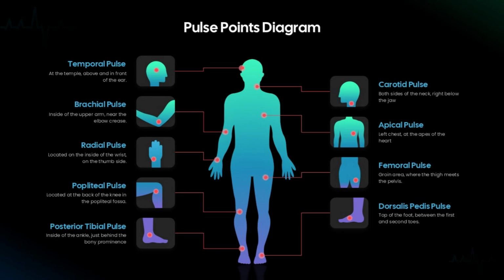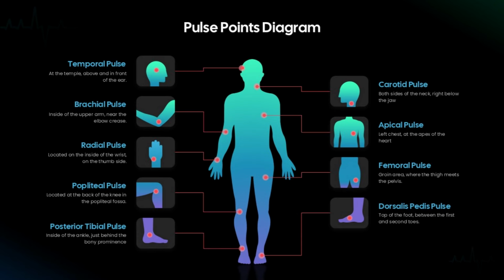Any pulse we assess, we assess with our index and middle fingers, not with the thumb or any other fingers, because it can end up giving us a false pulse count of our own. The brachial and radial pulses will always indicate the extremity blood circulation of the upper body. The radial pulse is located just above the thumb.